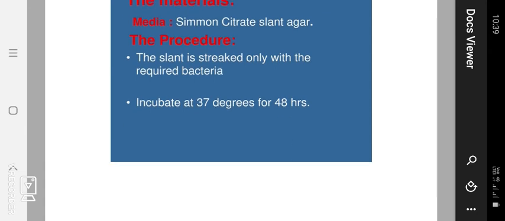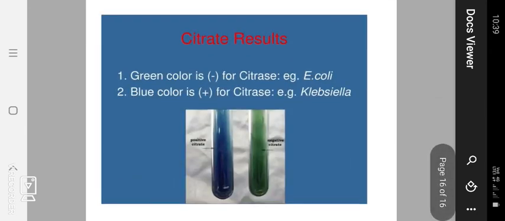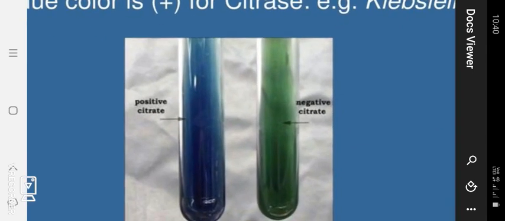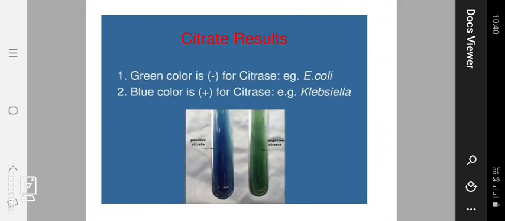Finally, the citrate result: green color is negative, which means the presence of E. coli. If blue color is present, the citrate is positive. An example of the bacteria is Klebsiella. Positive is blue color, negative is green color.